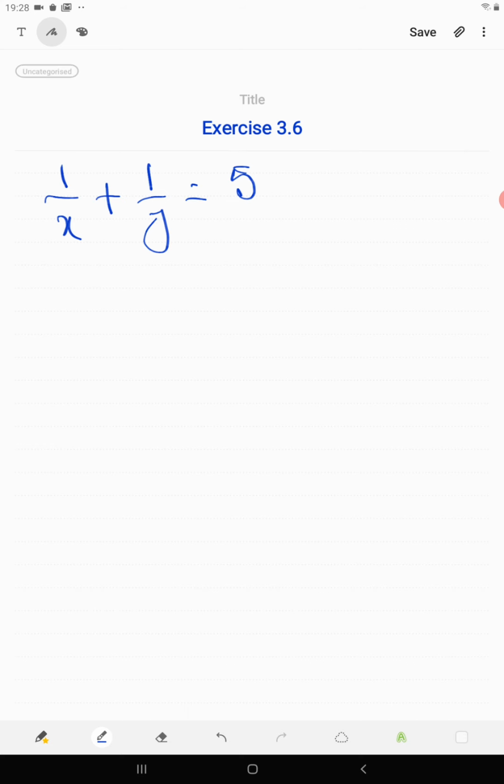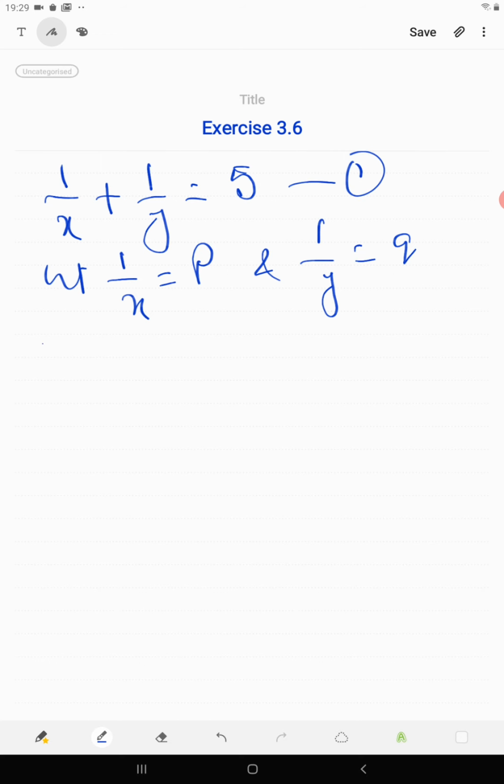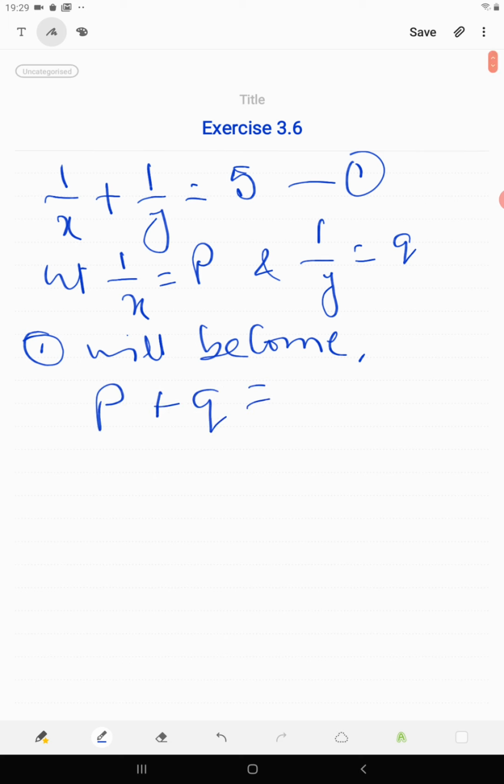We need to assume, let 1 by x equals to p and 1 by y equals to q. So what will happen? If we assume that, then our equation 1 will become p plus q equals to 5.